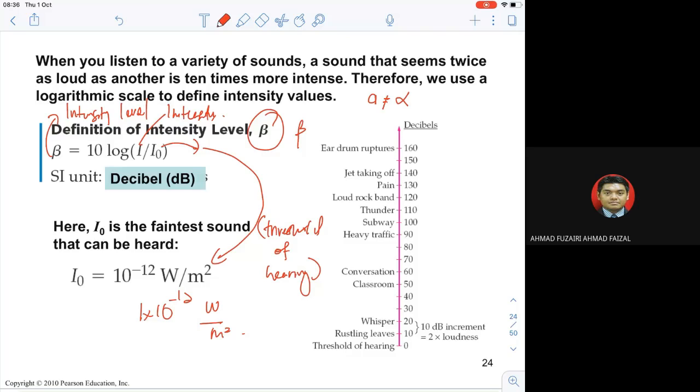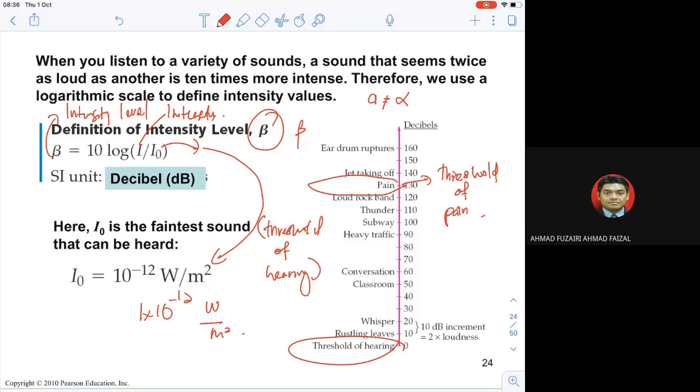Okay, maybe eardrums, jet taking off, pain. This is called the threshold of hearing, 0. At pain, this one is what we call the threshold of pain.